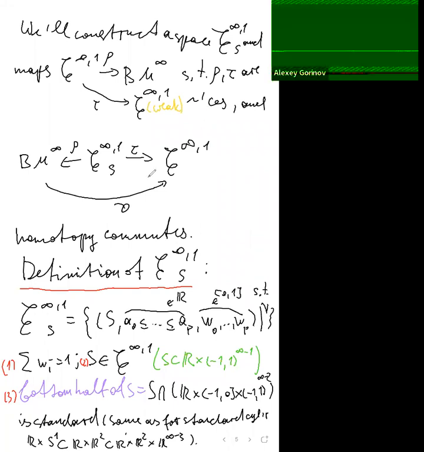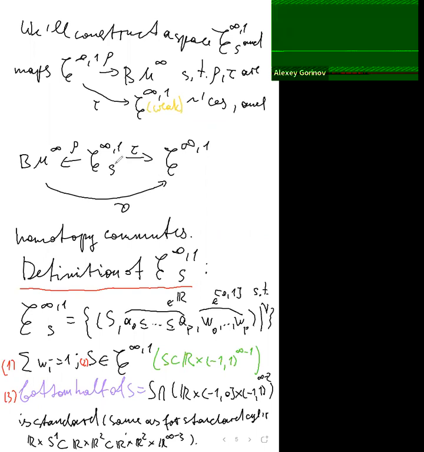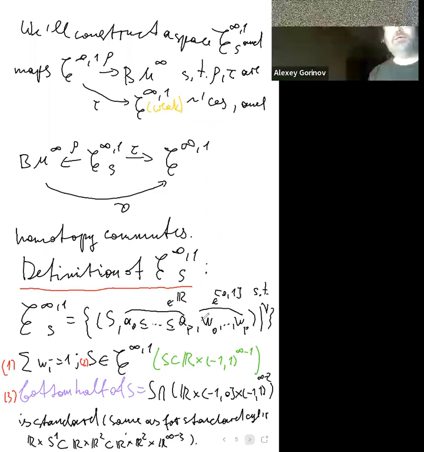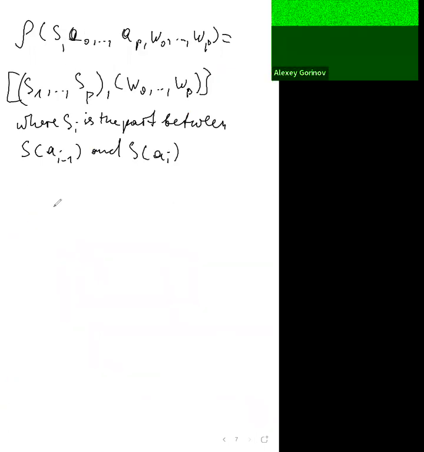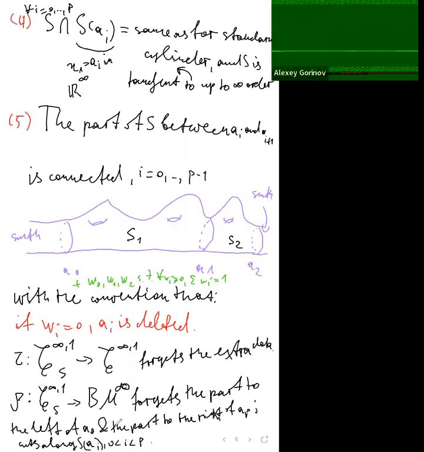But what about proving that rho composed with sigma is homotopic to tau? Well, let's see what all the maps do.